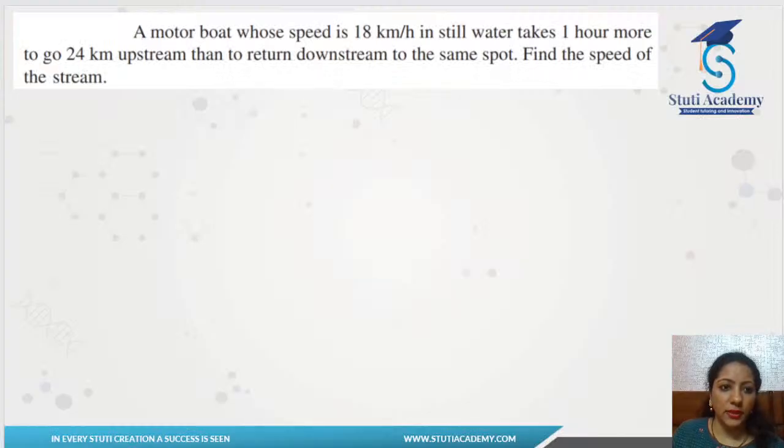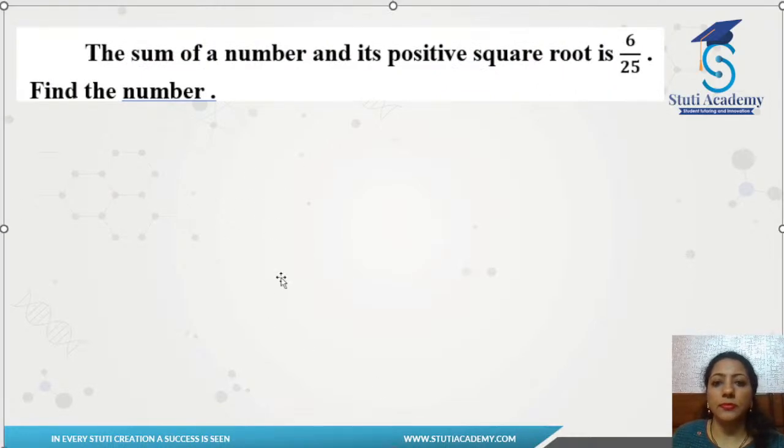Yes, this one we've already discussed. I hope you can see the question on the screen. So this is one of the questions which I've taken from past papers. The sum of a number and its positive square root is 6 upon 25. Find the number.